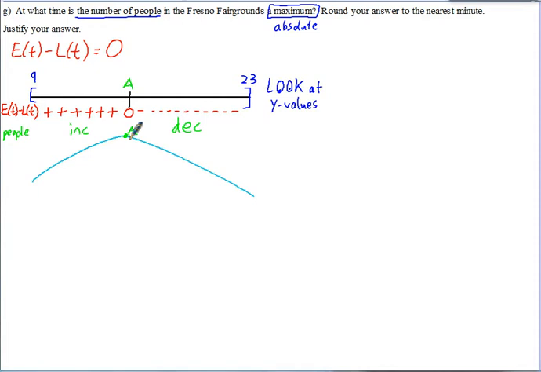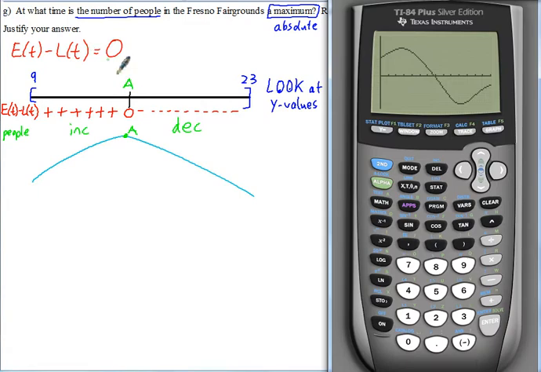Now to figure out where A is in our calculator, on the 84, we're looking for where this derivative is 0, which is already in as y3. Make sure y3 is the only one highlighted. Then you go to number 2, zeros. It asks you for the left bound, so using the left and right arrows, choose something to the left of the 0, hit enter. It puts a little arrow there marking where you put it.